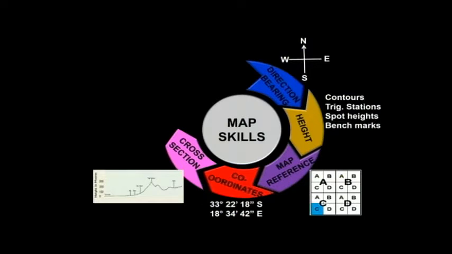Then your cross-section. Please see that you are in a position to draw your cross-section. In the time that we've got available, it's very difficult to explain how cross-sections are done. You will have to do it and practice it. Go back to your teacher and ask if it's correct. Very important. Practice makes perfect when it comes to cross-sections.